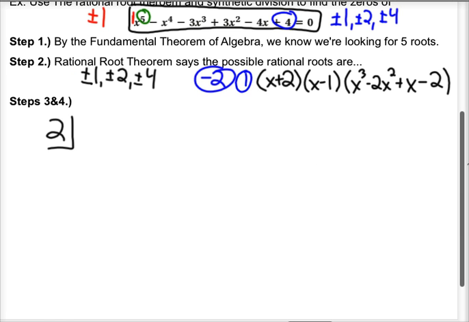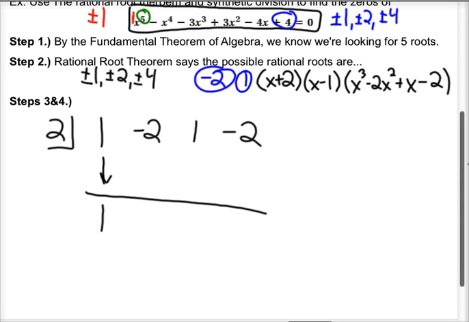Again, I only have to use synthetic division on the polynomial I have left: 1x cubed minus 2x squared plus 1x minus 2. Pull down the 1, multiply by 2, add, multiply by 2, add, multiply by 2, and we're done.